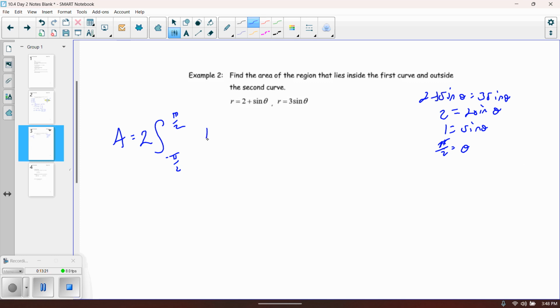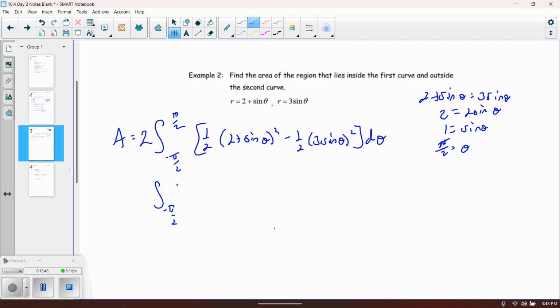We'll do 1/2 of the outer one, which is going to be your cardioid, 2 plus sine of theta squared, minus 1/2 of the inner one, which is 3 sine of theta squared d theta. So let's go ahead and factor out the 1/2 multiplied by the 2 out on the front.